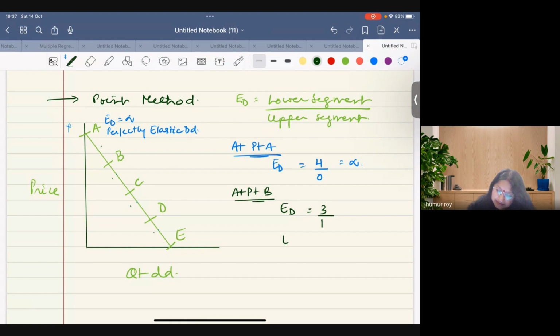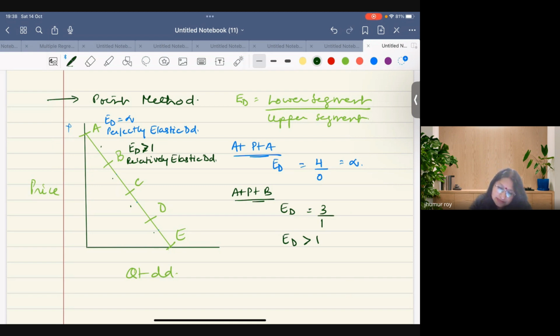In this case, elasticity of demand will be greater than 1, so you can say this is relatively elastic demand.